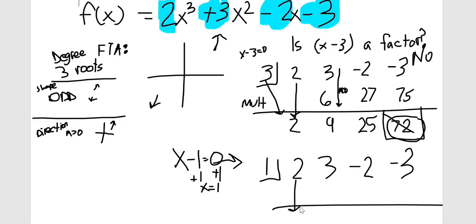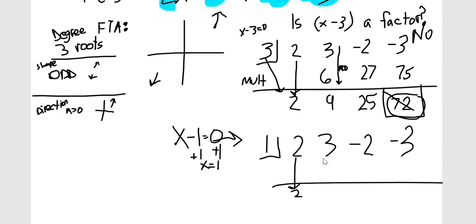Bring down the first term and multiply. And we get 2. And then we're going to add it to 3. That's 5. Okay. And then here, multiply the 5 by 1, so we're just going to put 5.